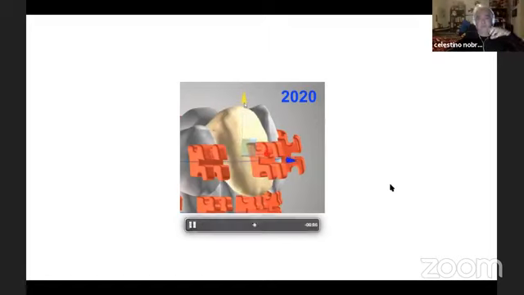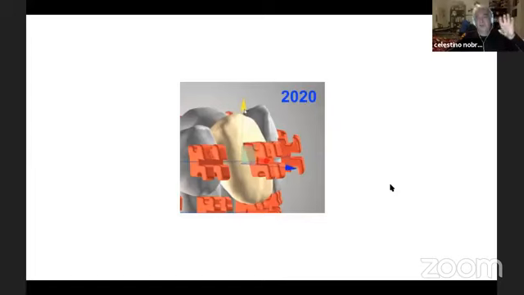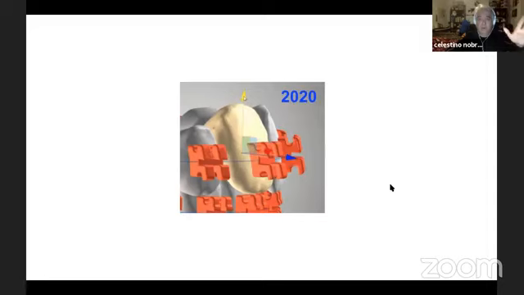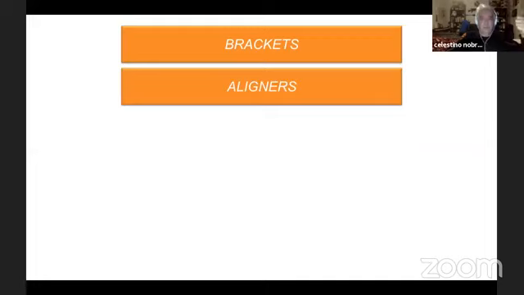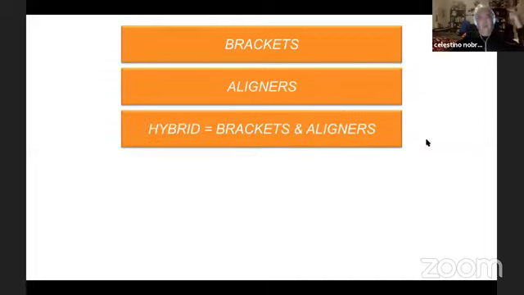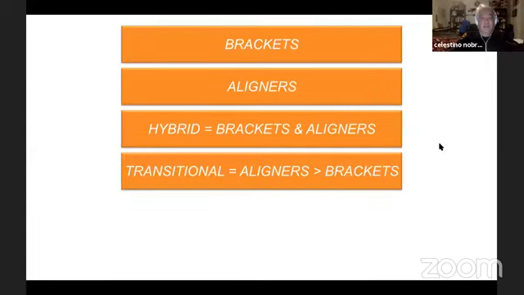In my opinion, this concept will change the world of orthodontics like never before. And this is forever. We are just starting. This is a journey that we are starting now, so I want you to join me in this journey. We can have brackets. We can treat our patients through aligners. We can have hybrid situations like brackets and aligners. And then you can have transitional from aligners to brackets or vice versa.